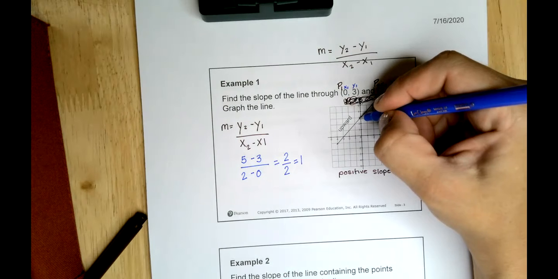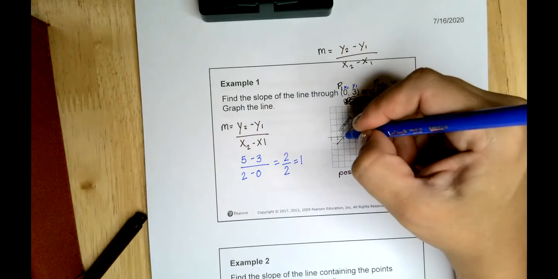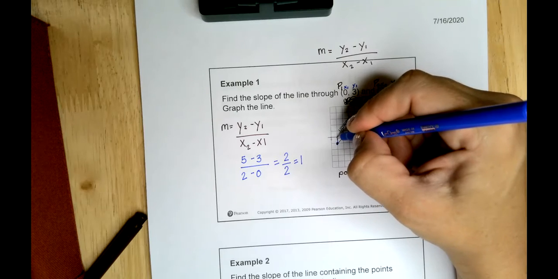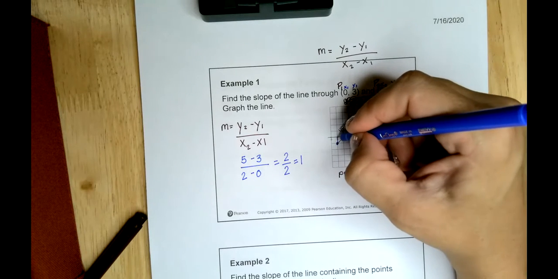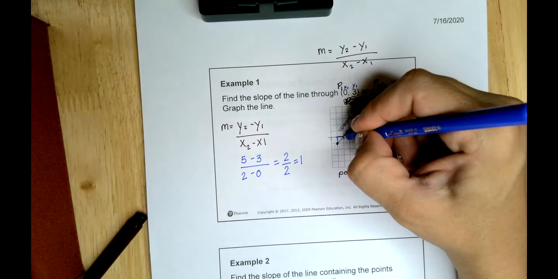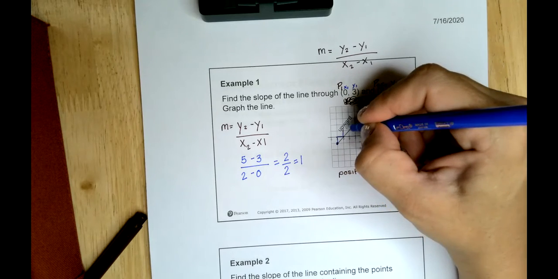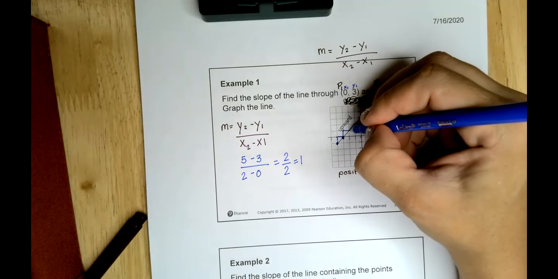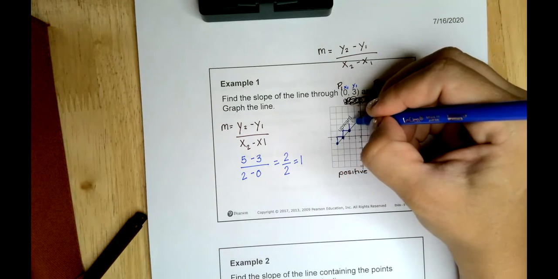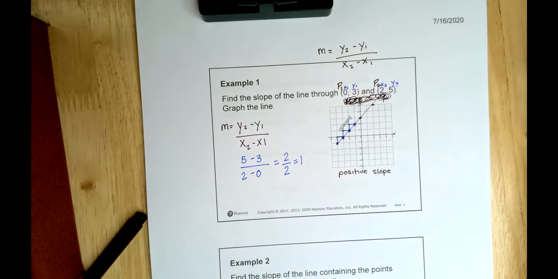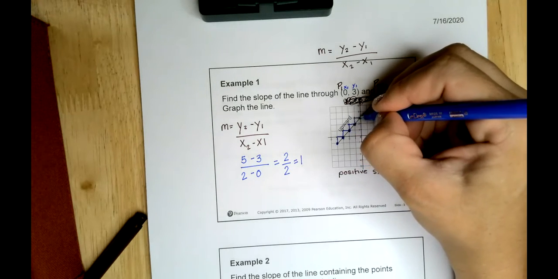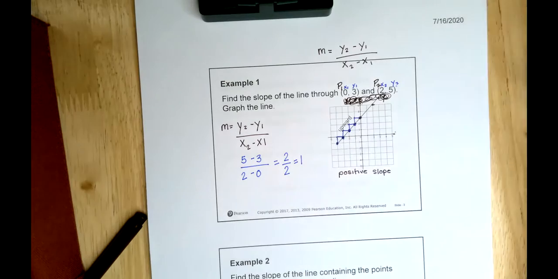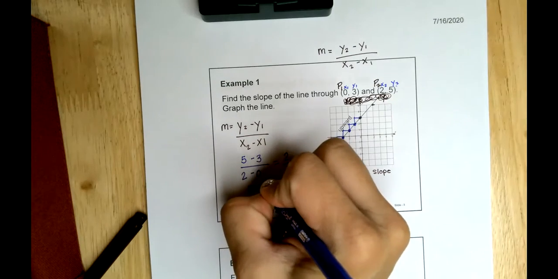So a slope of 1 means I go up 1 from this point, and since it's a positive slope, positive on the y-axis, positive on the x-axis, I get to my next point. Up 1 over 1, I get to my next point. That's all the slope is. It's giving you directions from one point on the line to the next point on the line, okay? So m is 1.